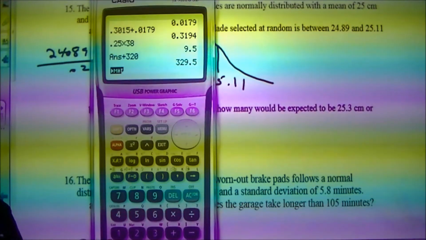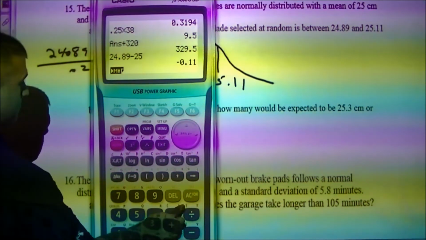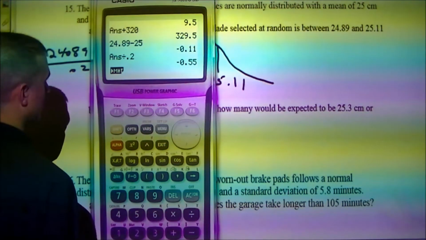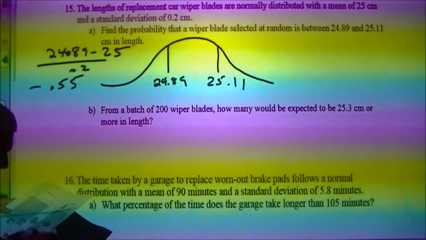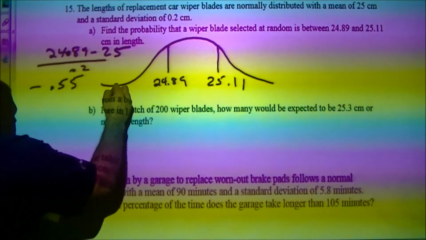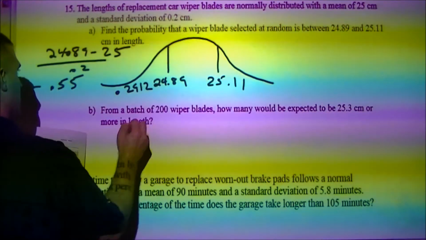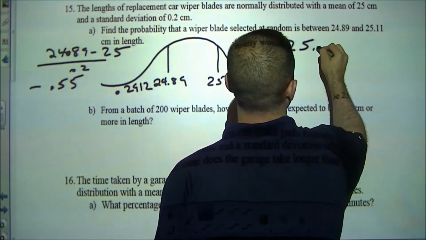So my z-score is negative 0.55 for this side. If I go to my chart, negative 0.55, the probability to the left is 0.2912.